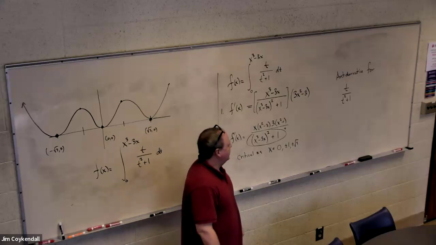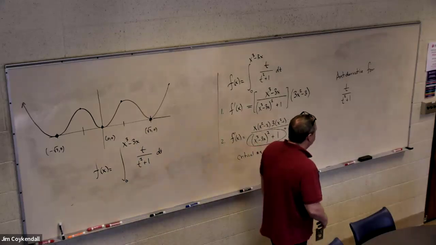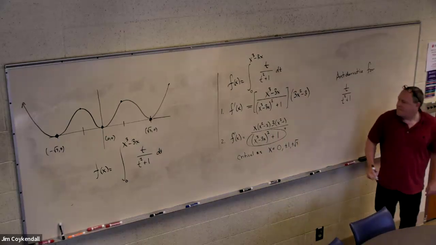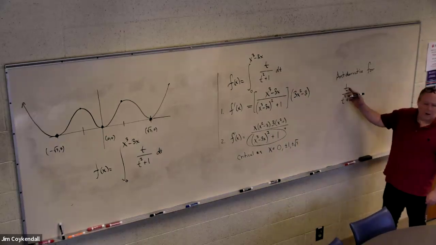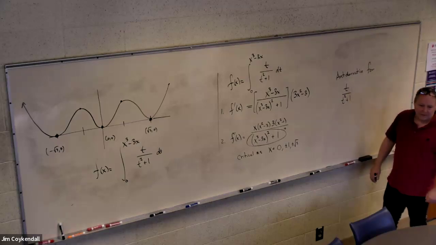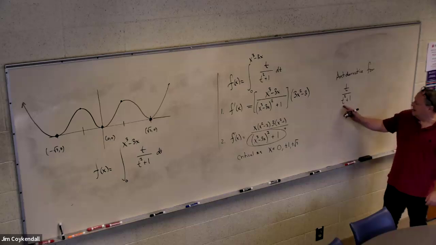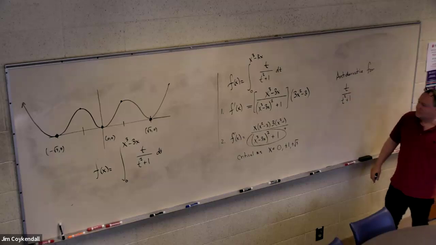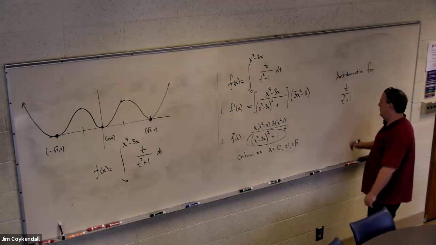Let me ask you this. Notice the top of this is almost the derivative of the bottom. Do I agree with that? Not quite, because the derivative of t squared plus 1 is 2t, not 3. Check this out.